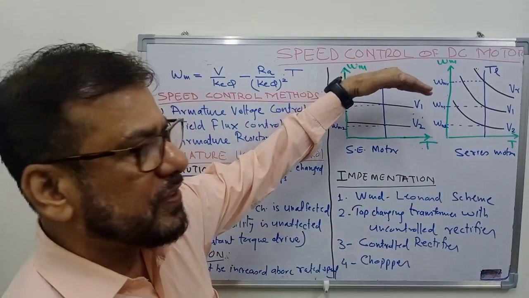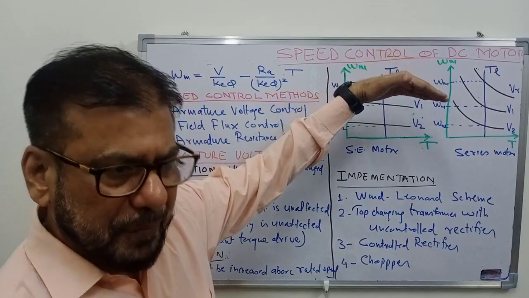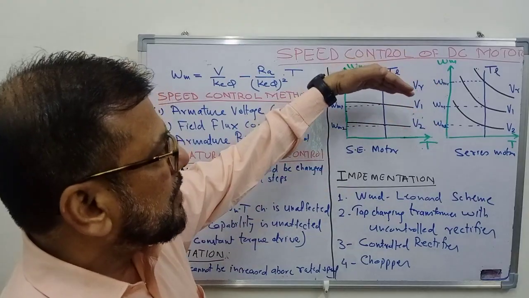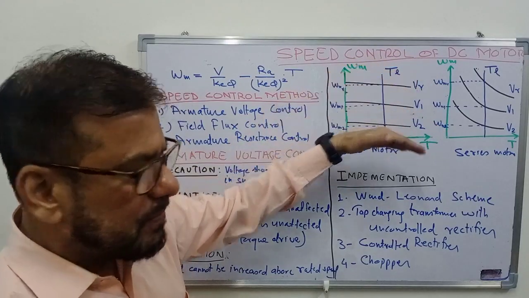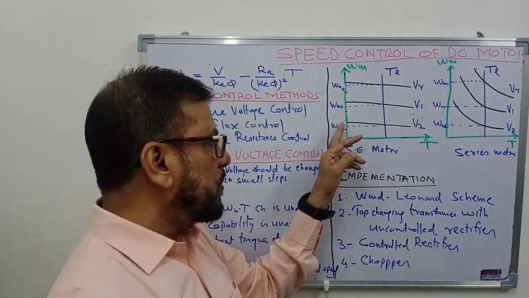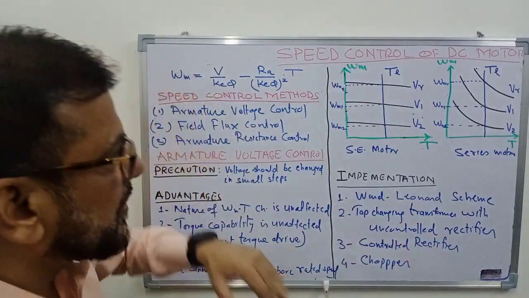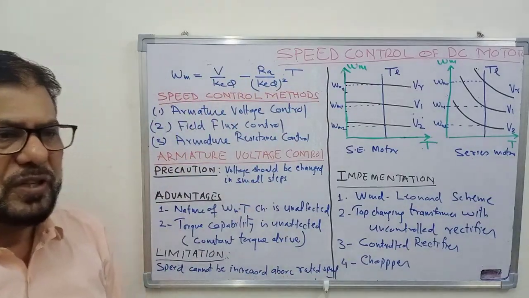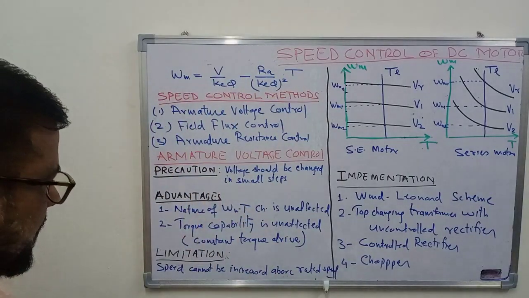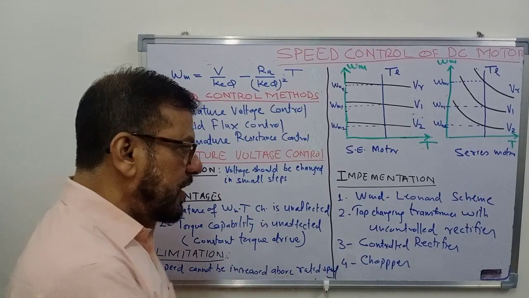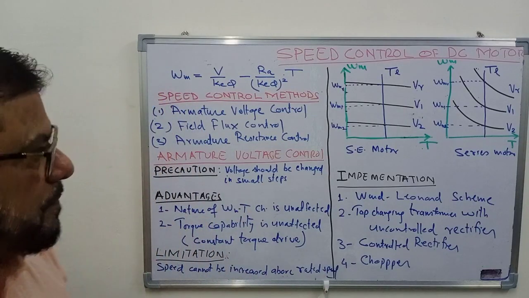So this nature of the characteristic of the motor is maintained. The speed regulation still remains the same, that is, the change in speed from no load to full load is not affected. It remains the same as it was for the rated voltage. So this is one of the advantages of armature voltage control.